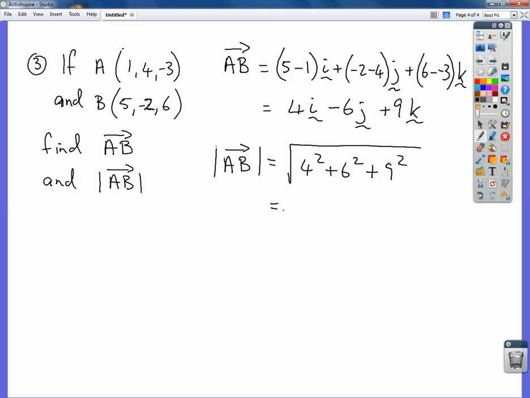What does all that add up to? 16 plus 36 plus 81, maybe that's 133. So the magnitude of that vector is the square root of 133. So this little video has been about finding the vector in three-dimensional space and finding its magnitude.